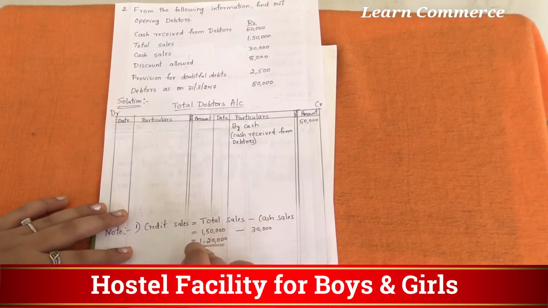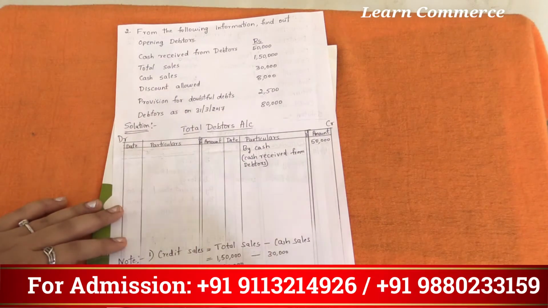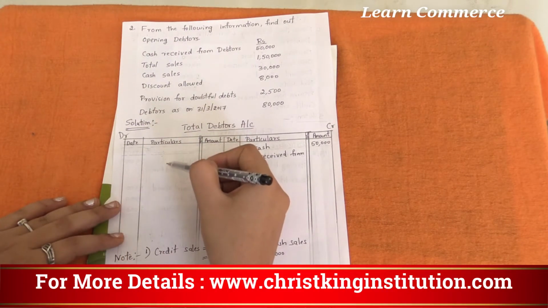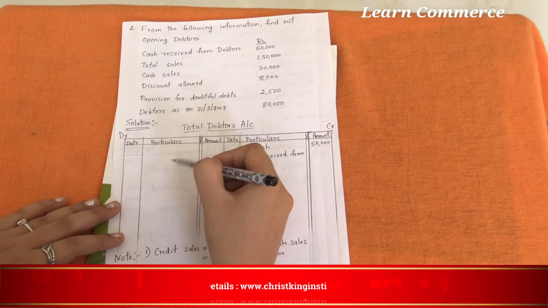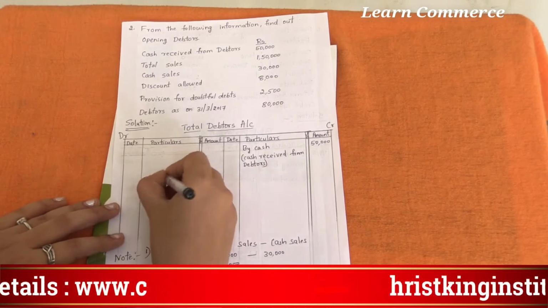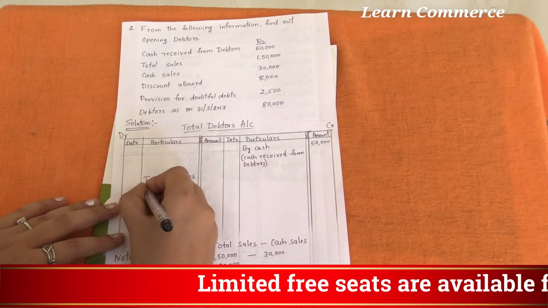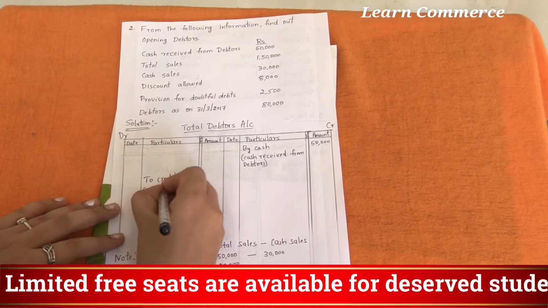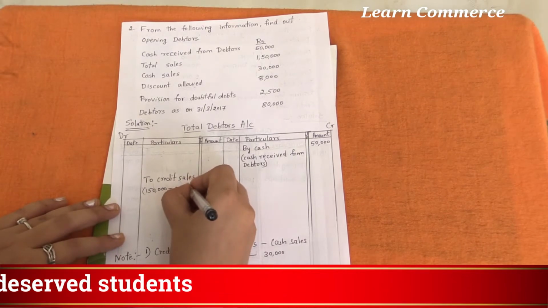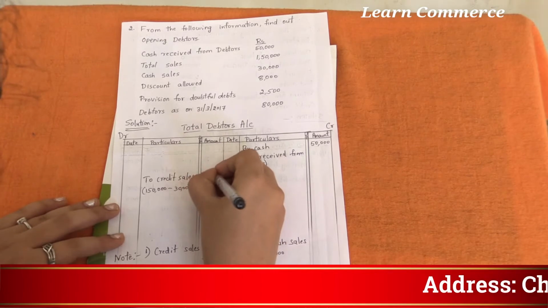This will be the credit sales, and we should record it on the debit side, but for the first entry we leave space for the opening debtors, which we find later. So write here: to credit sales. In the bracket, how we calculated it: 1,50,000 minus 30,000, that is nothing but 1,20,000.